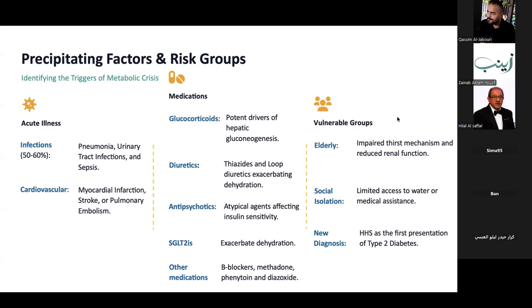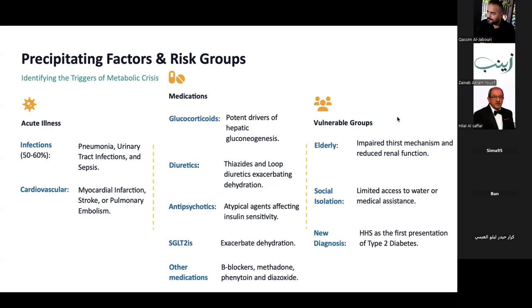Most presentations with HHS are seen among elderly patients who have an impaired thirst mechanism, and they already have multi-organ failure at that age, where they have renal failure and impaired fluid balance, and some of them have dementia, where they are unable to express the thirst sensation properly, and they lack adequate monitoring.